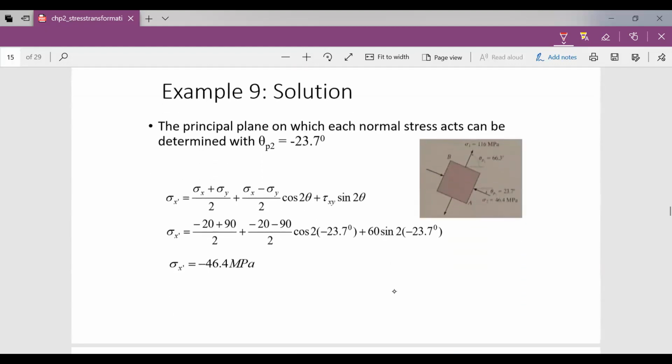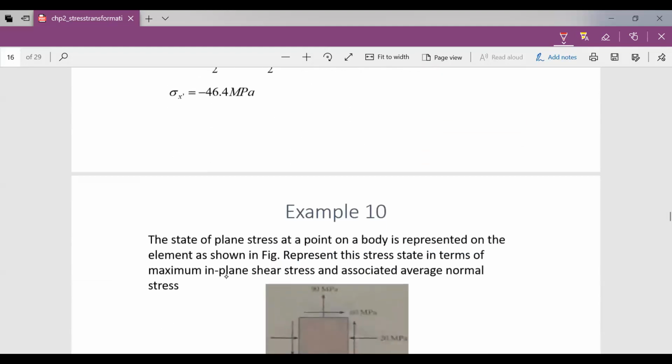The principal plane on which each normal stress acts is determined with theta negative 23.7 degrees, where we need to find sigma x prime, since the rotation is going to give a new value of sigma x. After substituting into the formulas, we get negative 46.4 megapascal.